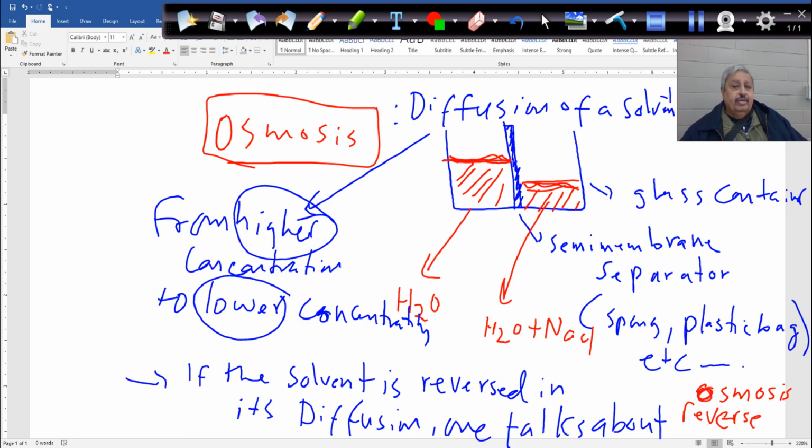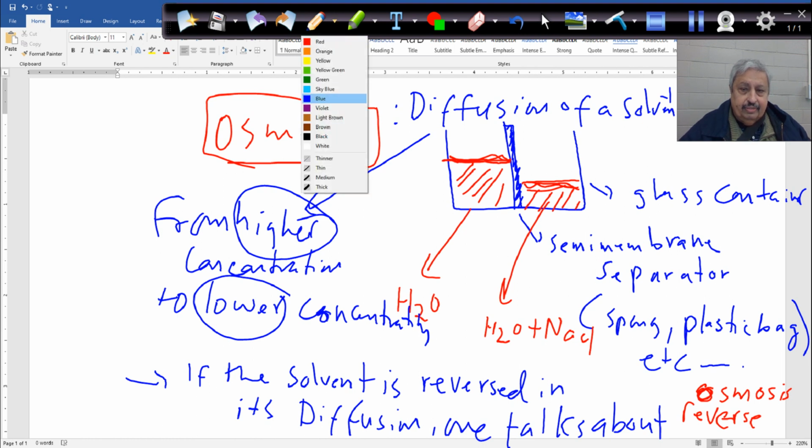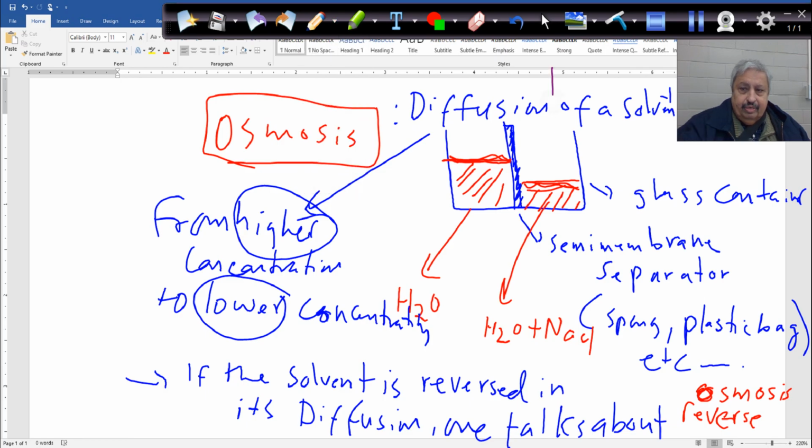Okay, guys. So if I have a reverse, I have to put a piston here. That's a piston here. Try to push this the other way, the opposite way. That will cause a reverse. So it goes from lower to higher.